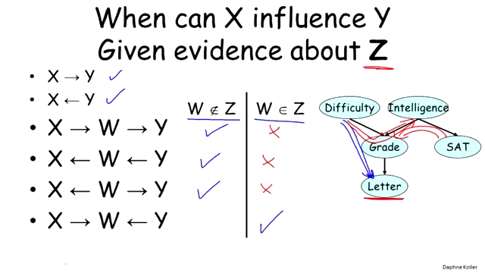What you'd actually like to say is that if W, so this is X, if W and all of its descendants are not observed.